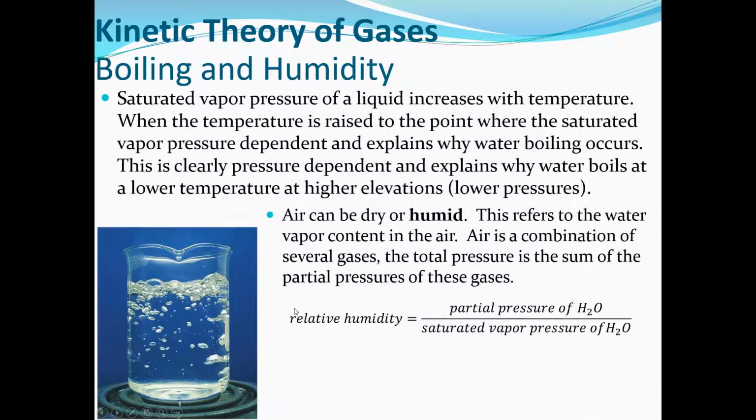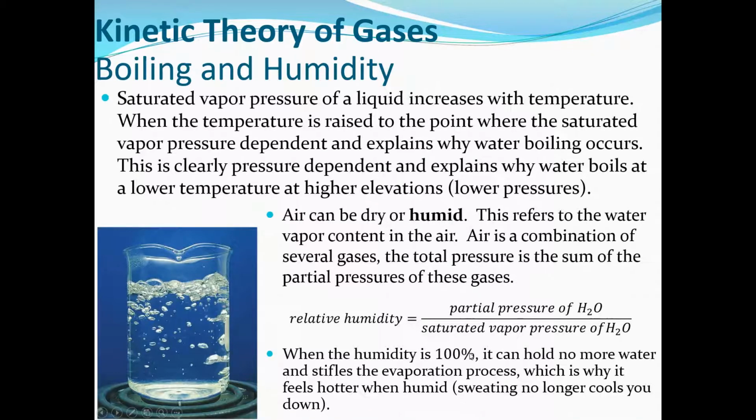So when we say that air is dry, what that's usually referring to is the fact that the amount of water pressure actually in the air is significantly less compared to how much could be held in the air.